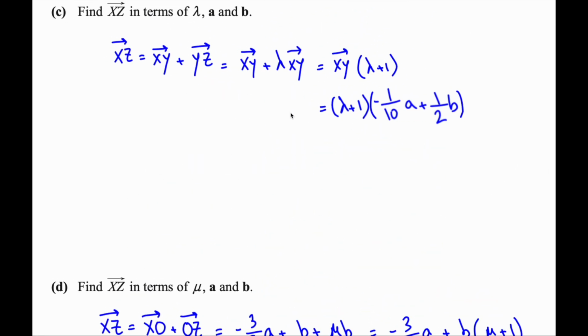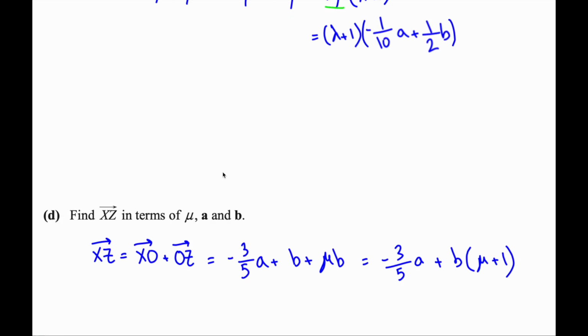So XZ is XY plus YZ, and since YZ is lambda XY, I can factor out XY. I'm left with XY times lambda plus 1. And XY is what I found in part B, which is negative 1 over 10 A plus half of B.